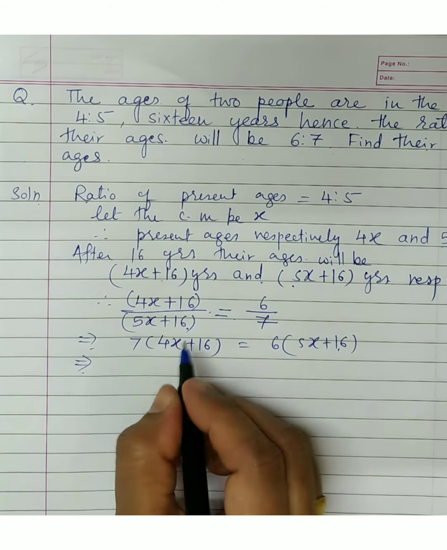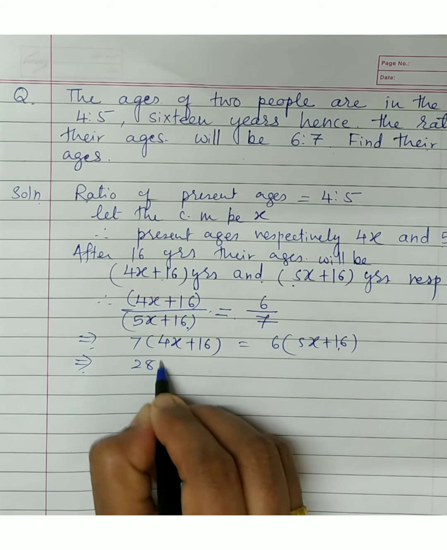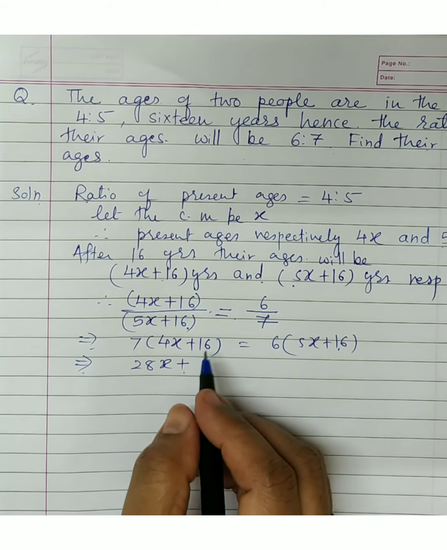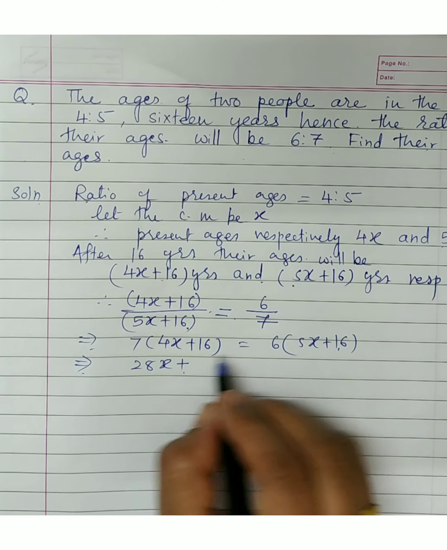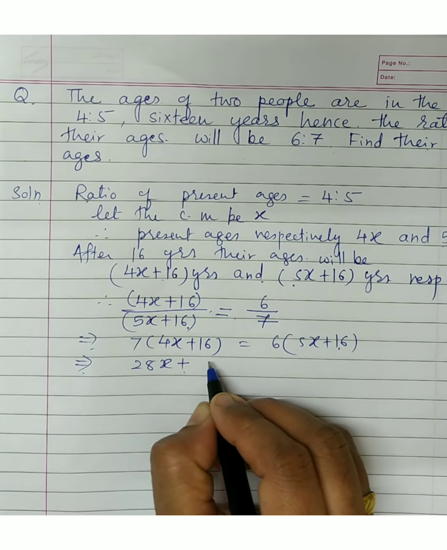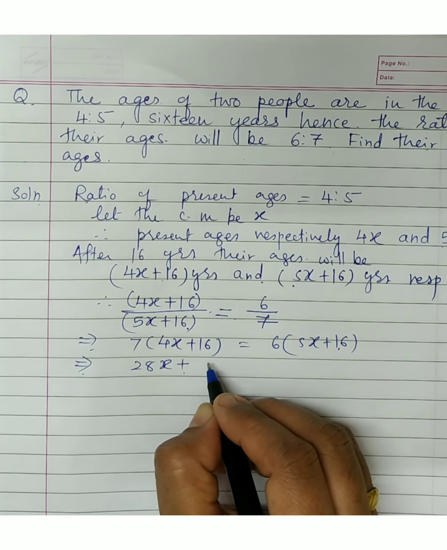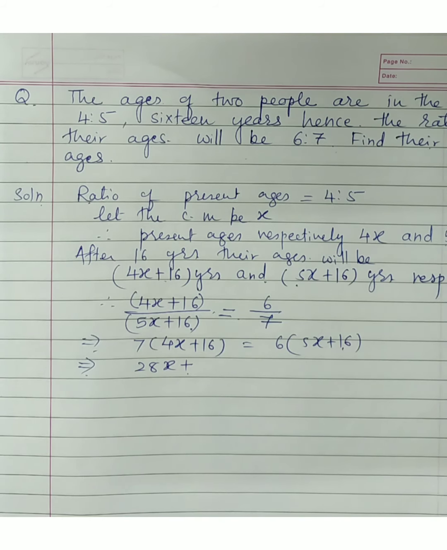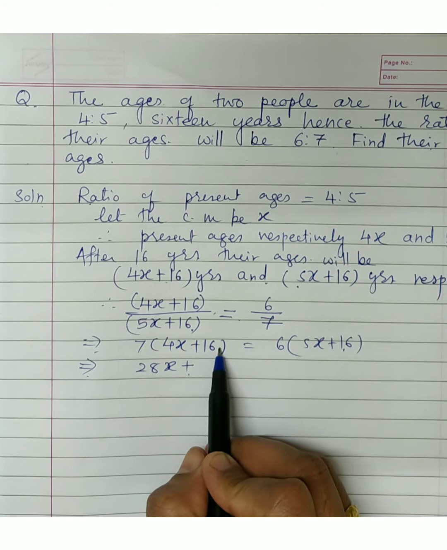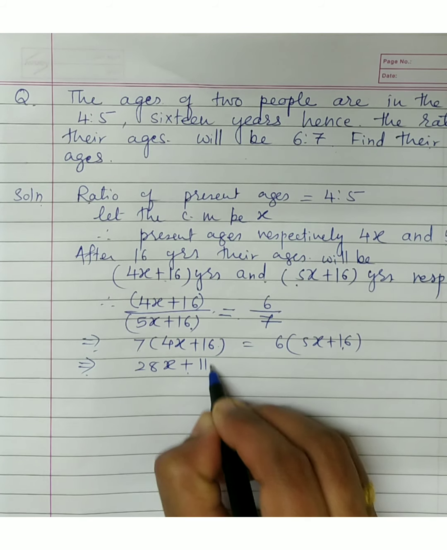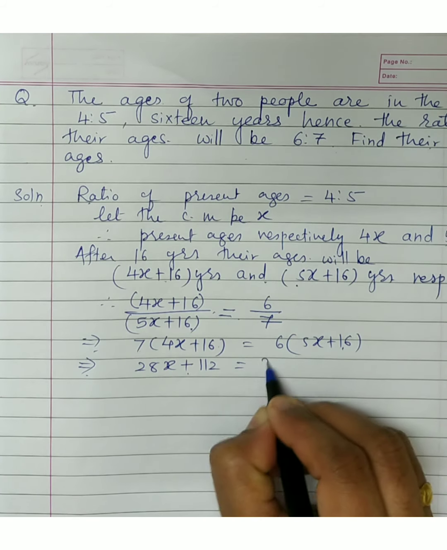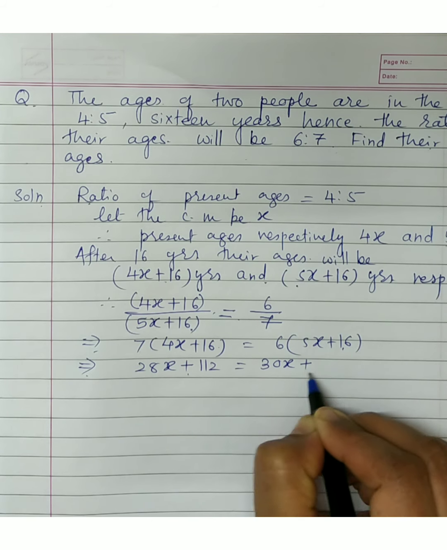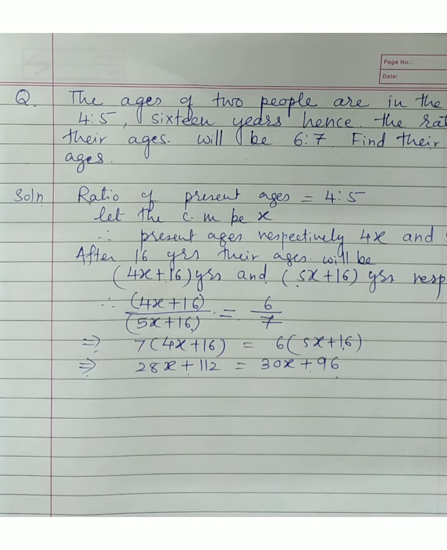Work out. 7 4s are 28x. 7 16s are 112. 30x plus 16 6s are 96.